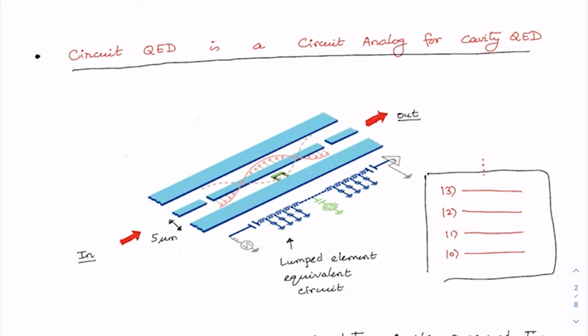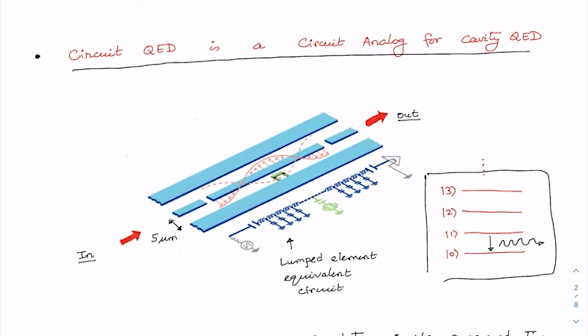In circuit QED, electrical circuits having quantized energy levels are made to transition from one energy level to another, and the change in frequency corresponds to microwave frequency. So when an artificial atom is transitioning from level 1 to level 0, it is going to emit frequencies in the microwave regime. That means there would be around 5 to 10 billion oscillations per second.